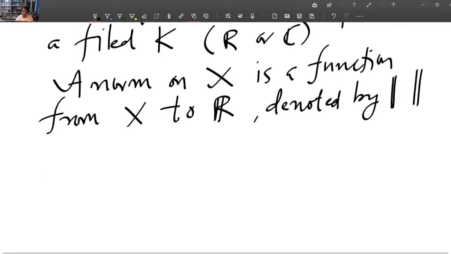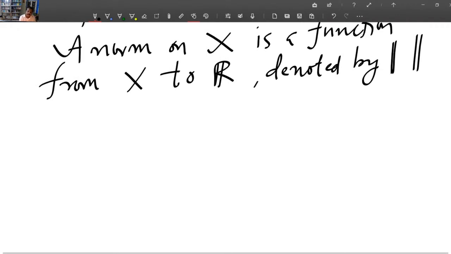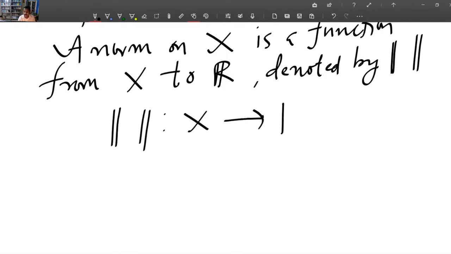So actually, a norm on X is a function from X to R satisfying three conditions.